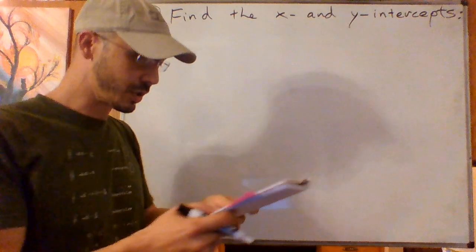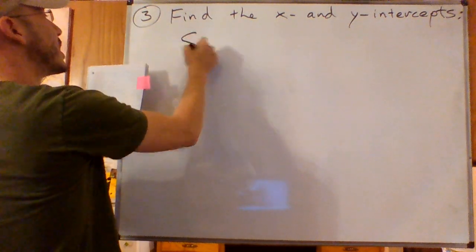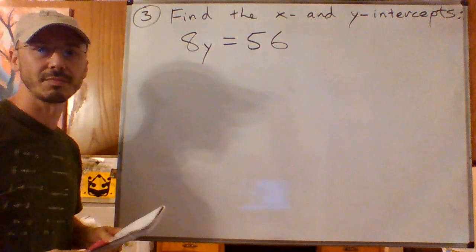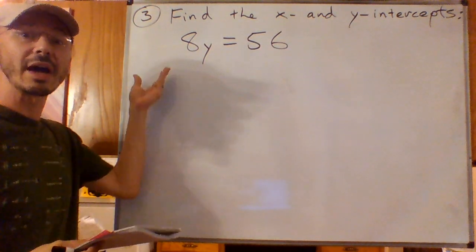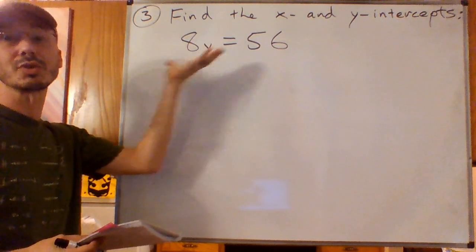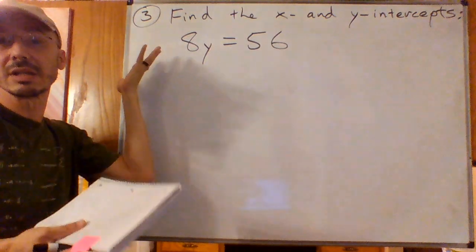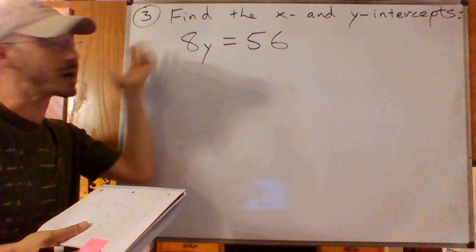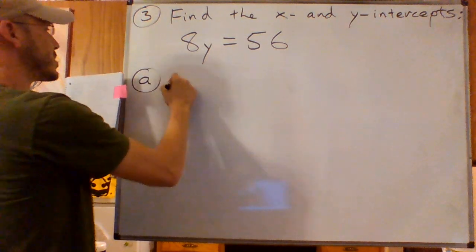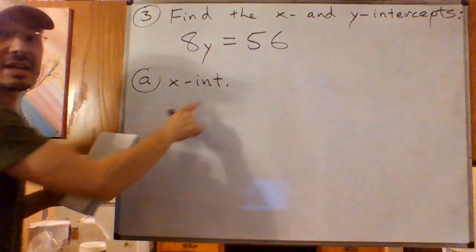The first one we'll look at is, here's the equation: 8y equals 56. There's no x here, but you could think of it as 0x. So we can still treat this like an equation in two variables, even though the x doesn't matter what it is, it's multiplied by 0, it's not even there. What we're going to do in part A is find the x-intercept, or x int for short.